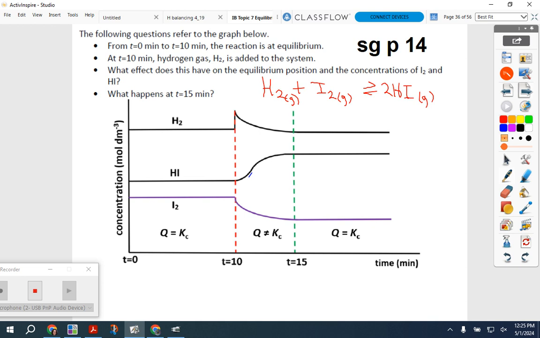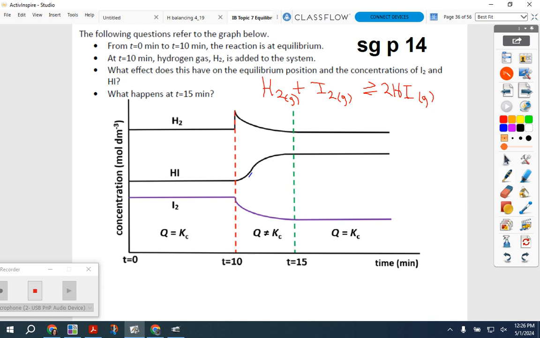This is an example on page 14 of a graph that you might be asked to interpret. And I will give you guys some other examples of graphs to look at tomorrow. But the idea here is this is concentration versus time. Between time 0 and time 10, we are at equilibrium.